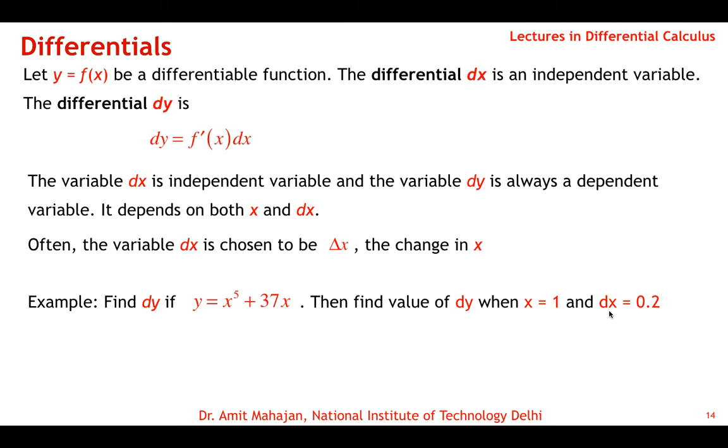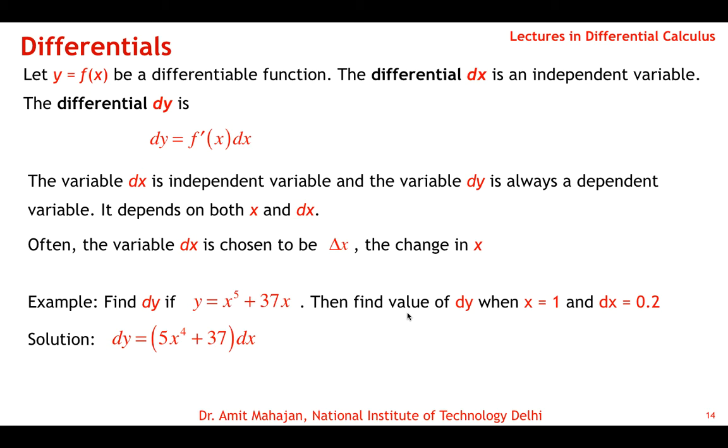As said, dx is chosen to be the change in x. So dy by definition is f dash x dx, and f dash x is 5x^4 plus 37, so we can differentiate. The differential dy can be written as (5x^4 plus 37) times dx. That's our first result.